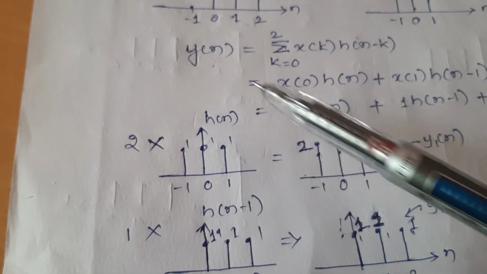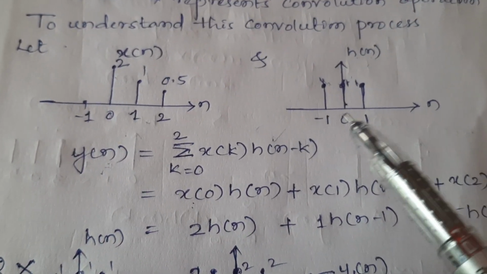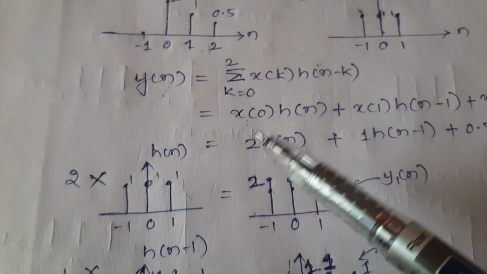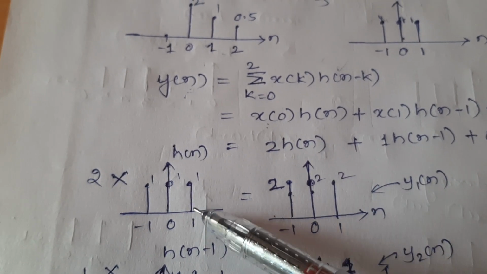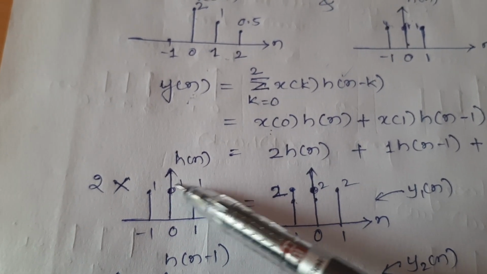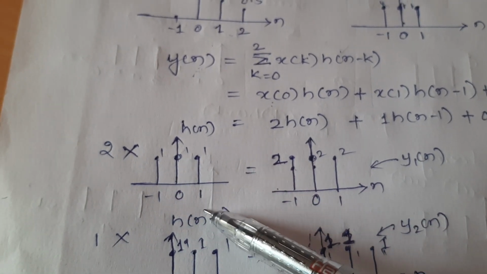So we know that 2 and h of n is the same signal running from -1 to 1, and as we are multiplying 2 with h of n only, h of n remains as it is. So all samples are 1 and it runs from -1 to 1.